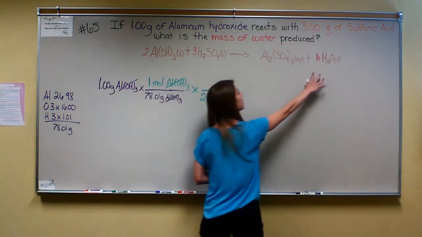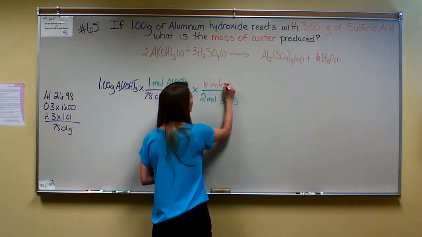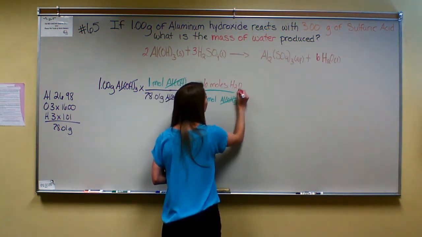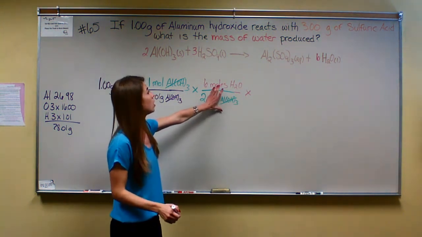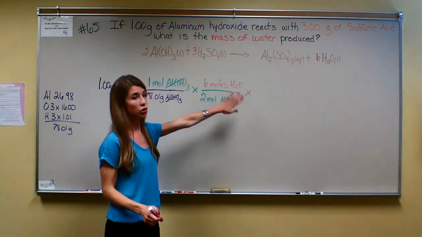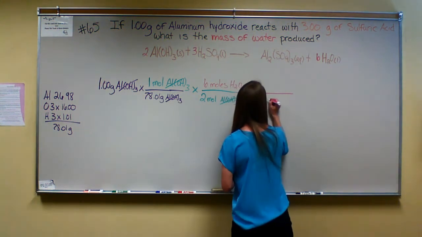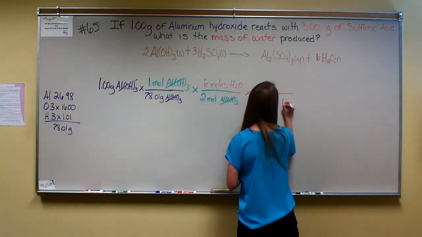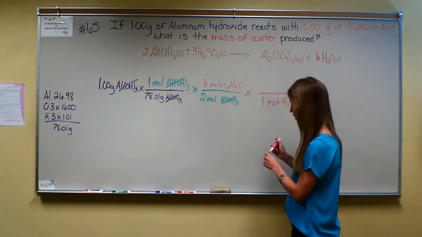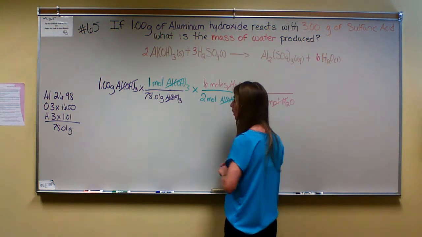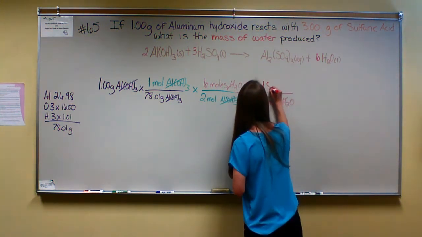We see that we have 6 moles of water. And our final step is going to be converting from moles into grams of water. So once more, we want to put 1 mole of H2O on the denominator, so we can ultimately cancel those out. And we're going to put the molar mass calculated of water as the numerator.